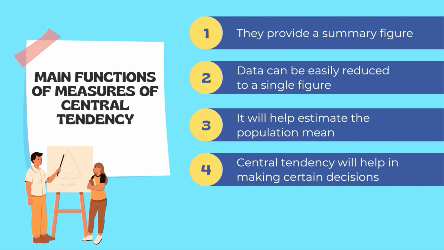Central tendency will also help you make certain decisions. Suppose a college has to admit students, how can they decide the cutoff? Of course, it can be on the basis of the average score of your performance in +2. Suppose you see that the cutoff is 99, 95.